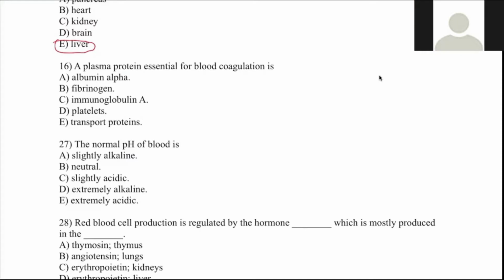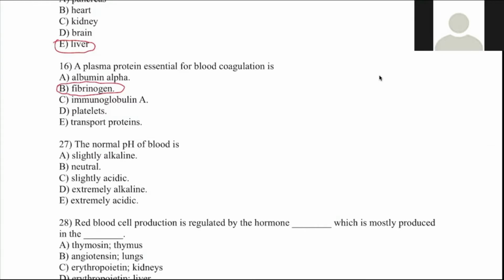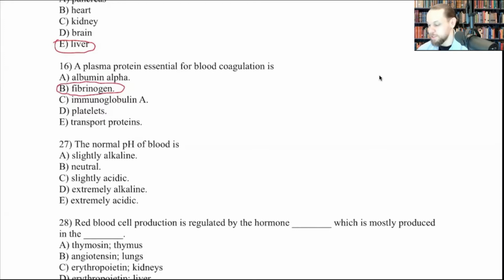We go to Helmi for 16. The plasma protein essential for blood coagulation will be fibrinogen. Fibrinogen is correct. When we make that final blood clot, prothrombin becomes thrombin, which converts fibrinogen into fibrin, and fibrin is that final layer that cements the clot.